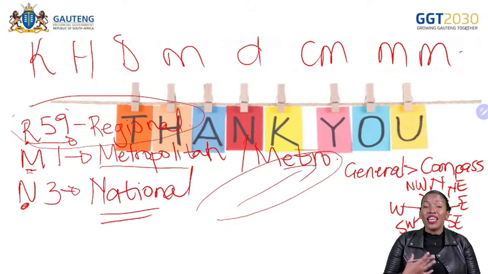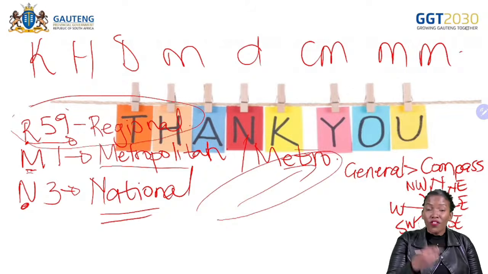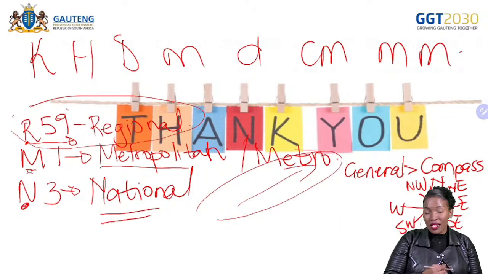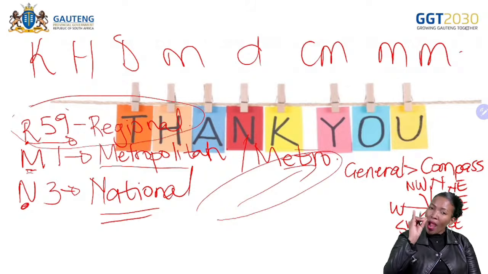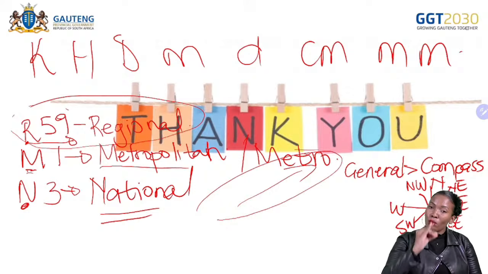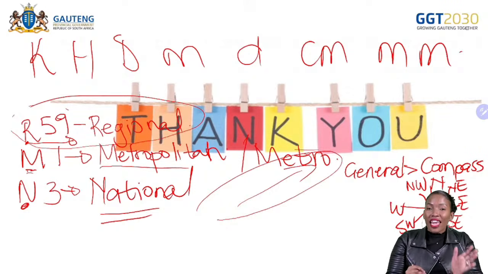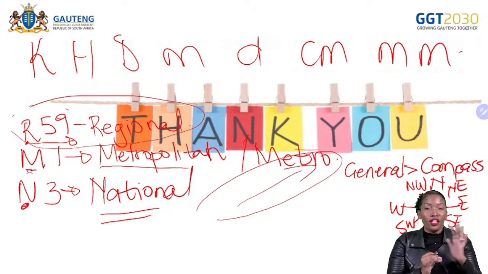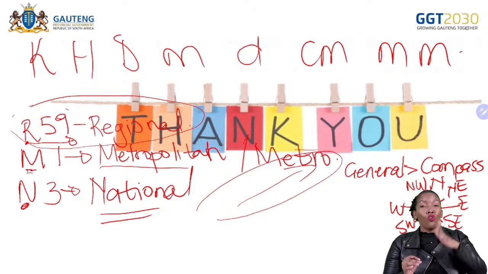But when a question says give the direction for someone who is traveling from Johannesburg to Durban, they would have given you a map. When you give such a direction, number one, you must always mention the point of departure, to say, okay, from Johannesburg, you need to turn left on the N1. So you mention where you turn. Do you turn left, right? Do you continue straight?